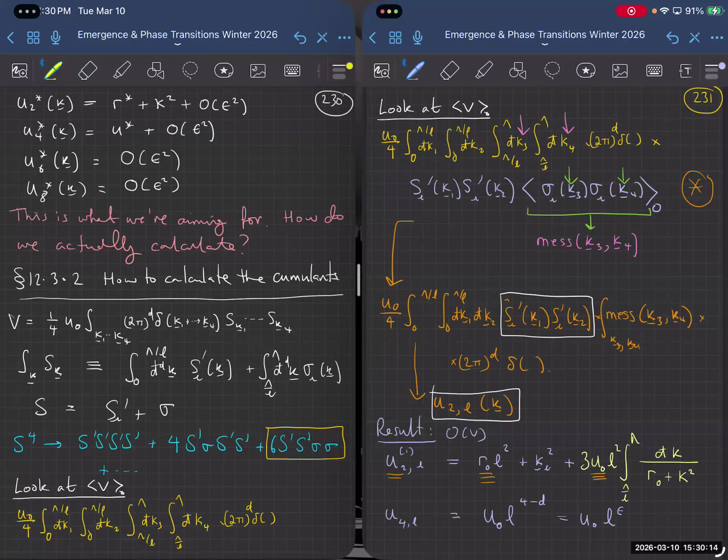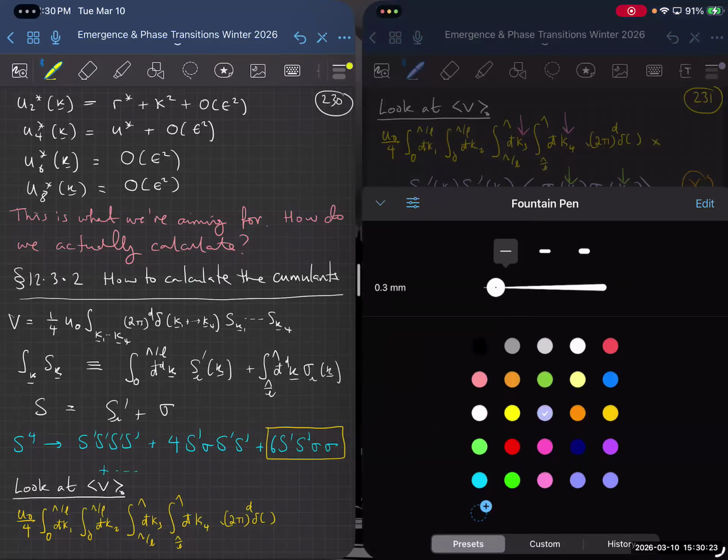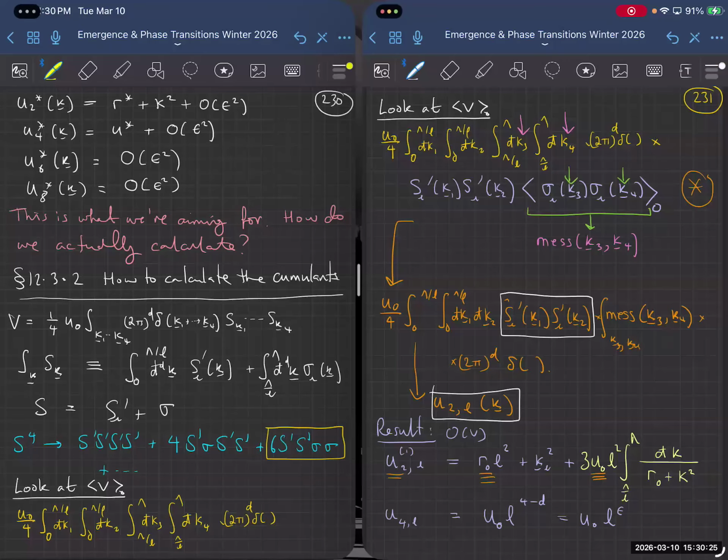So this means that going to the first order in perturbation theory is not enough. So this result here, you've seen it before. This is what we guessed just based on dimensional analysis. And so we're not going to be able to get any anomalous dimensions out of it.